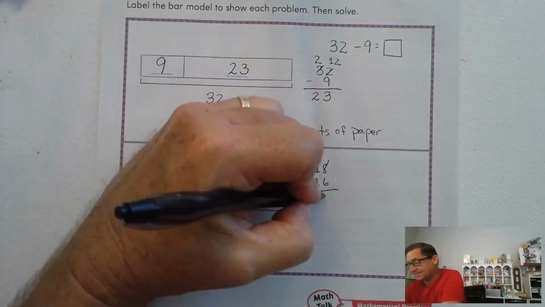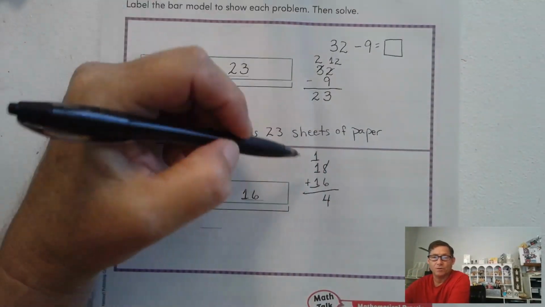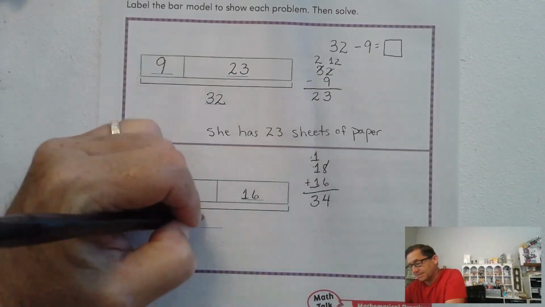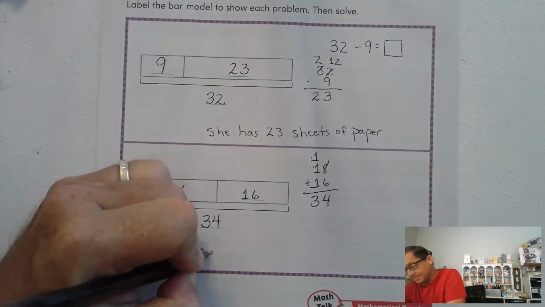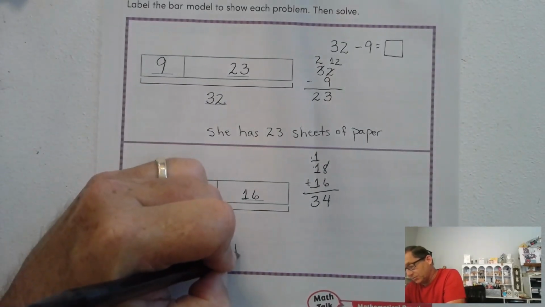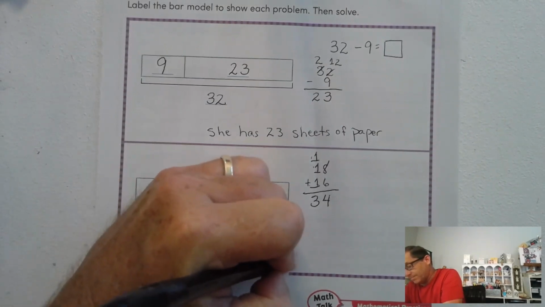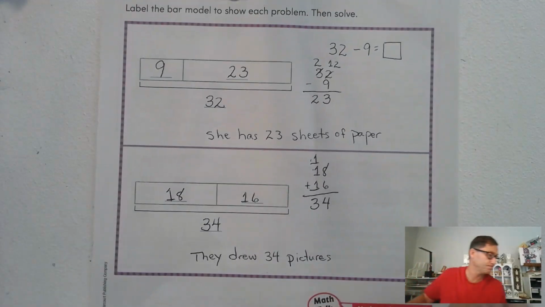Well, 8 and 6 is 14. We will regroup that as 1 ten and 4 ones. And then 1, 2, 3 tens. So 34 pictures. They drew 34 pictures.